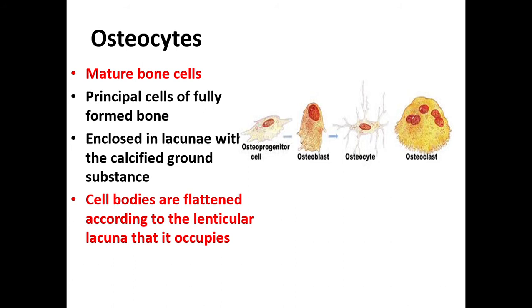The only difference between cartilage and bone tissue is that in cartilage tissue, one cavity or one lacuna may contain 2 or up to a maximum of 10 chondrocytes, while in bone tissue, the ratio is only 1:1. One lacuna, one bone cell. The shape of the osteocytes is usually flattened, following the cavity wherein they are found.